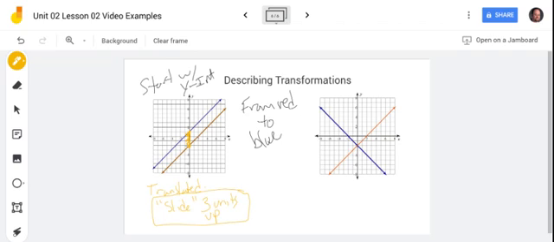Now we want to check to see if it reflected. So I want to know, did the slope change? If I start at this dot and I find the slope, here's another point. My slope here is 1 to 1. So my rise is 1, my run is 1. So my slope is a positive 1, because again, it's going positive.